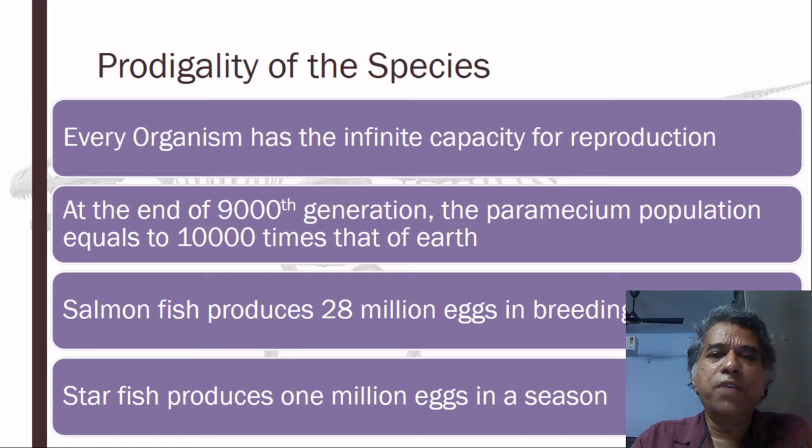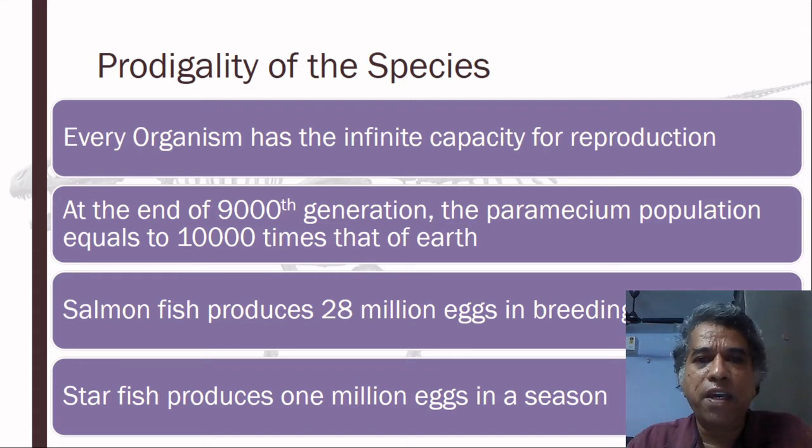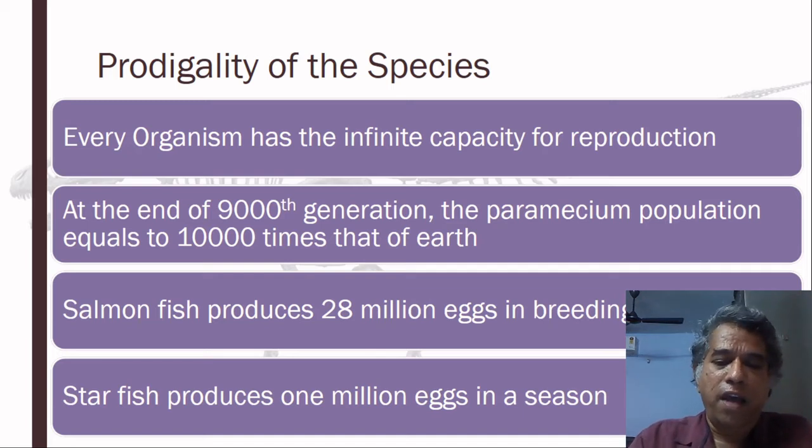Prodigality of the species means every organism has got infinite capacity for reproduction. For example, in a single human ejaculation, the number of spermatozoa is nearly 120 million, which is equivalent to the population of India. And if you take certain protozoans like paramecium, they also exhibit tremendous capacity for reproduction.